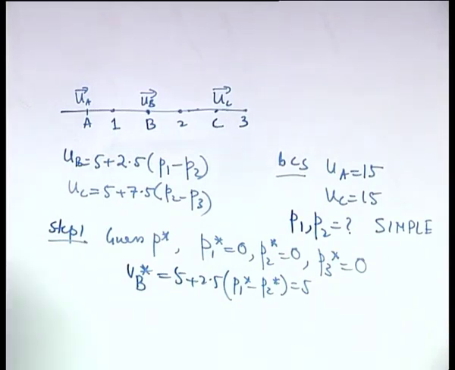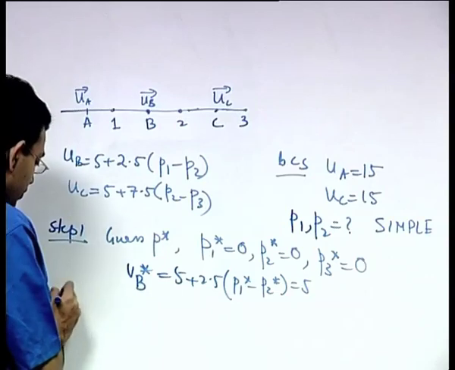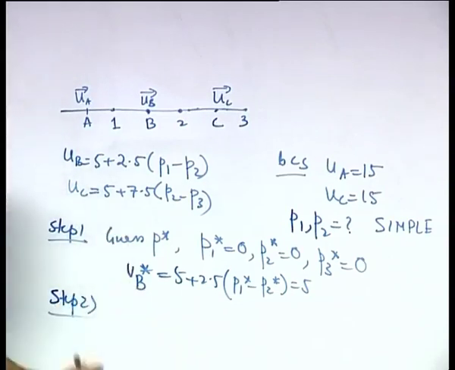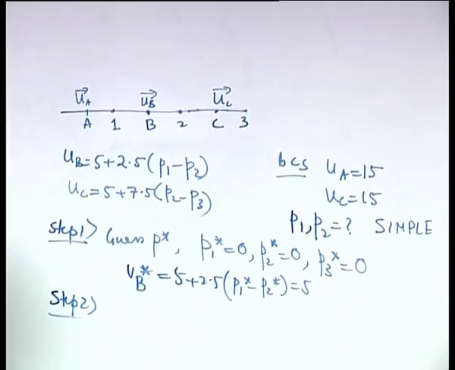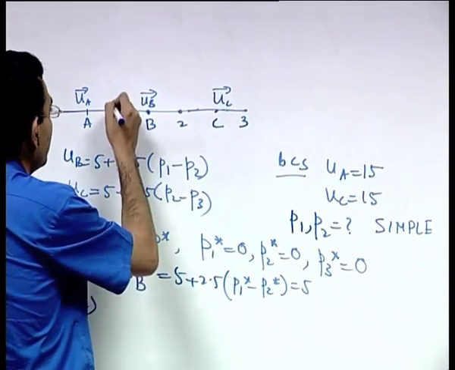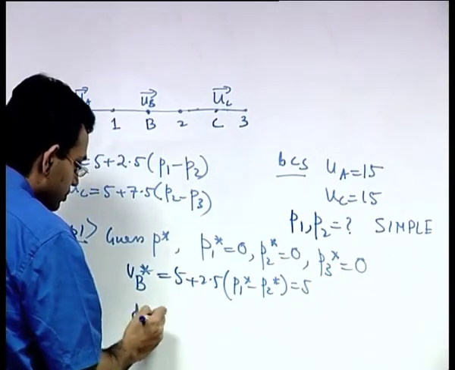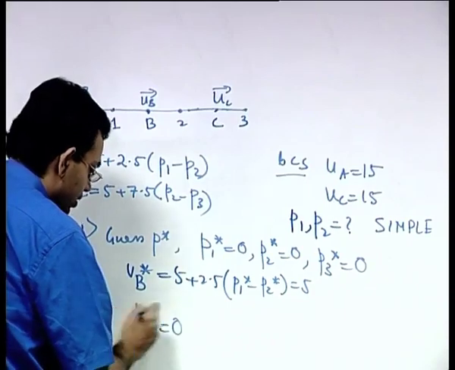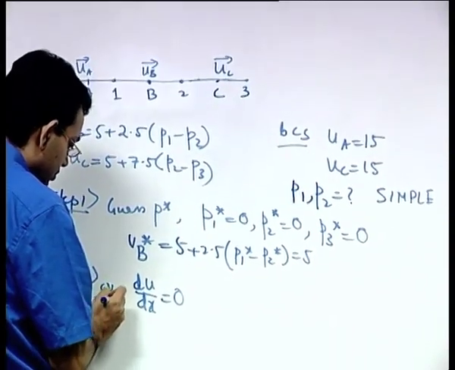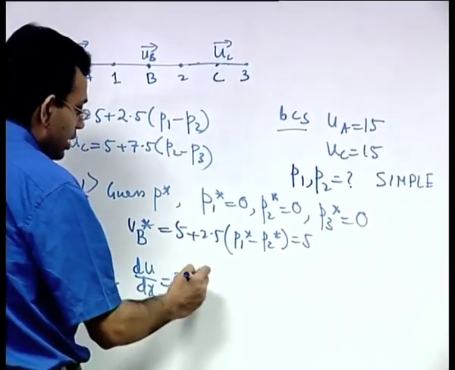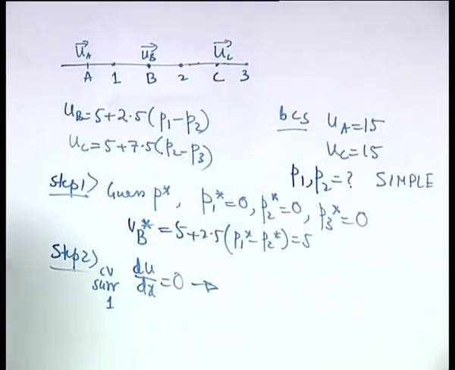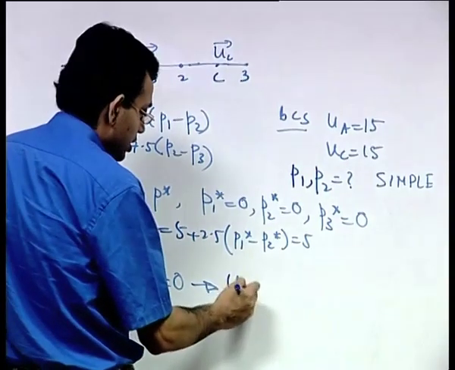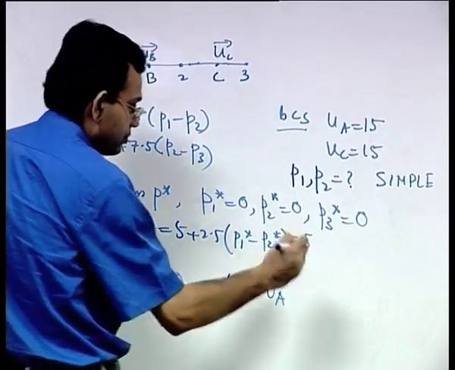Next, you have to solve the pressure correction equation. So you have to derive the pressure correction equation. What you have to do is consider the continuity equation. For the continuity equation, considering the control volume surrounding grid point 1, du dx equal to 0 is the one dimensional continuity equation that will give you ub equal to ua.